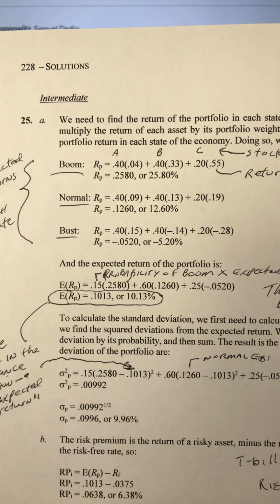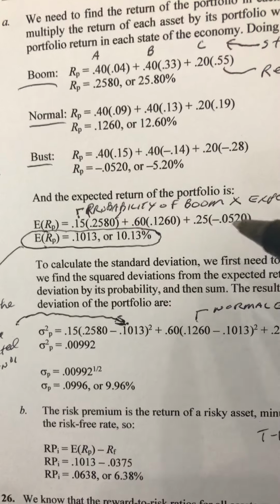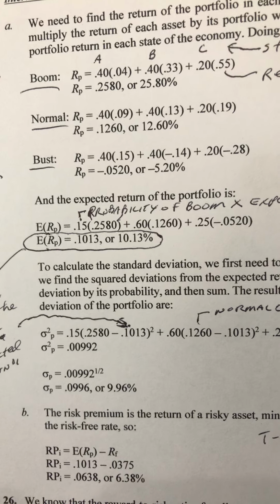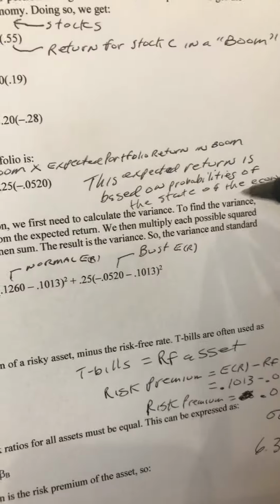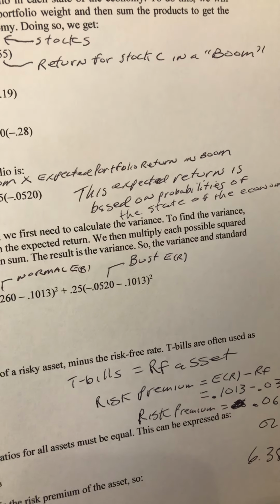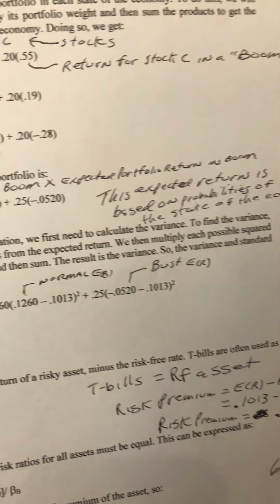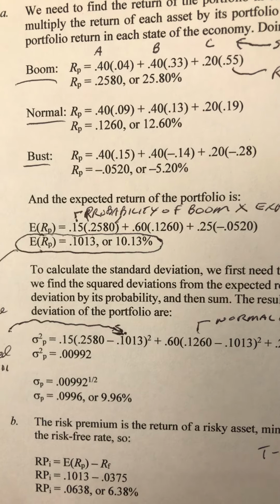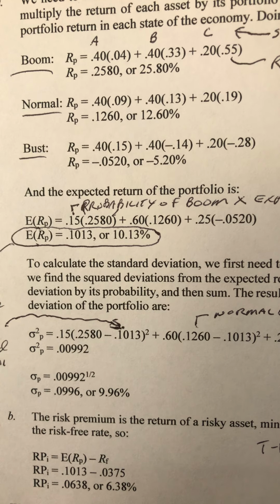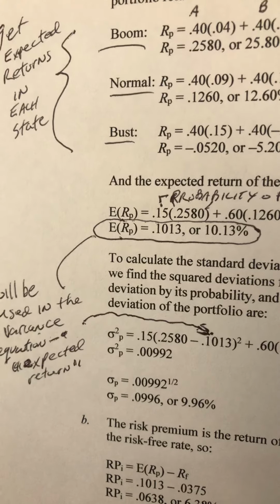So that works. And then when you add that all together, you get this expected return over here. I wrote it down. The expected return is based on the probabilities of the state of the economy. Those three probabilities. And the final answer for that is 0.1013 or 10.13%.